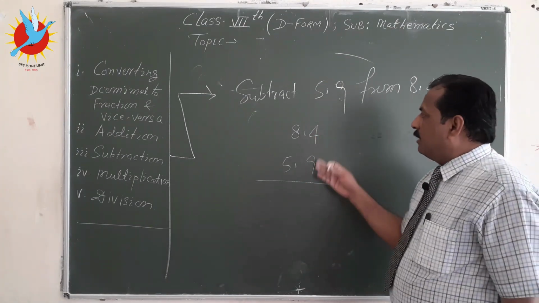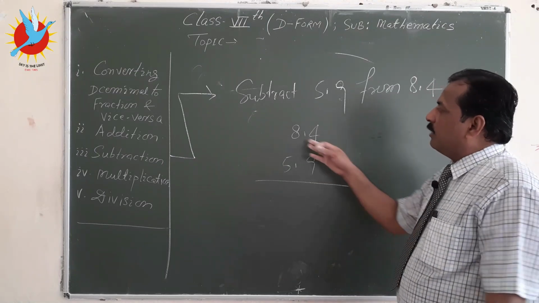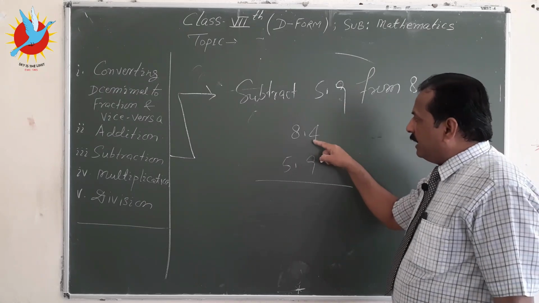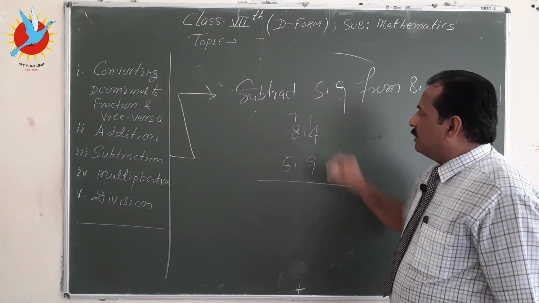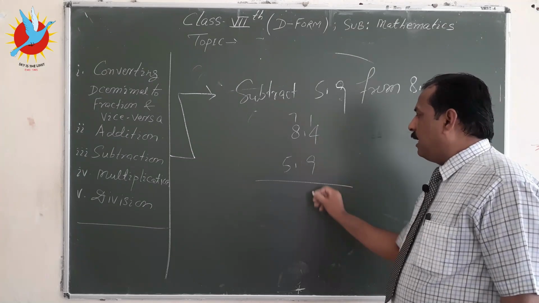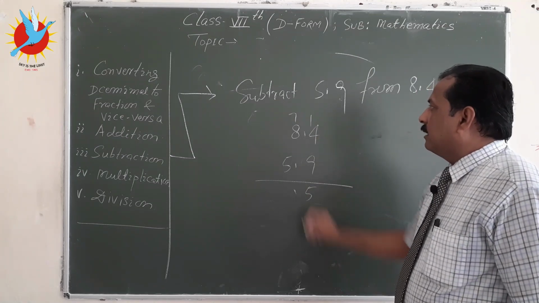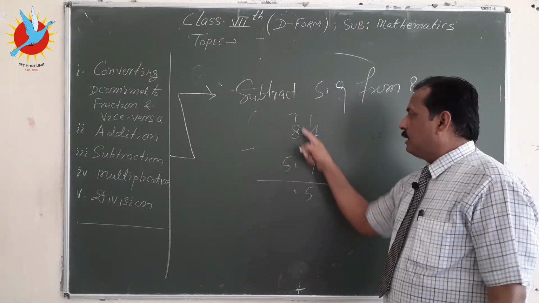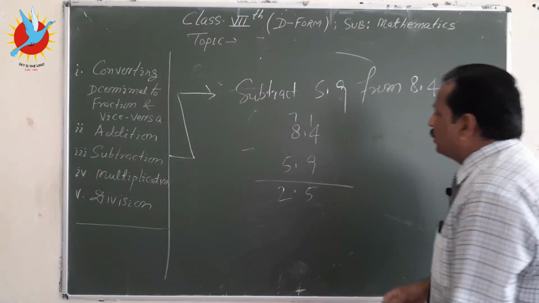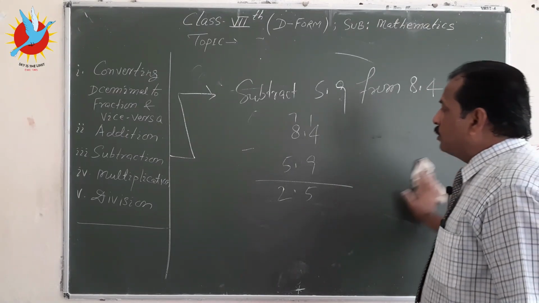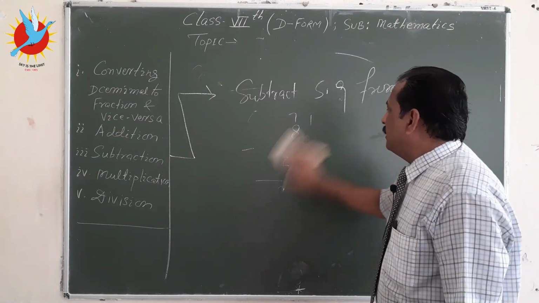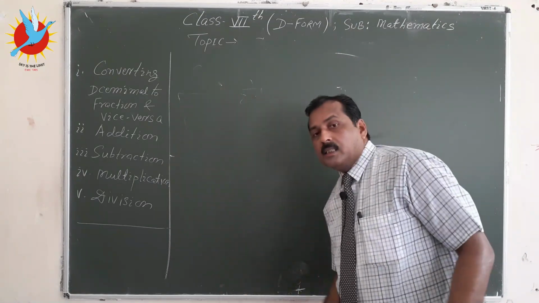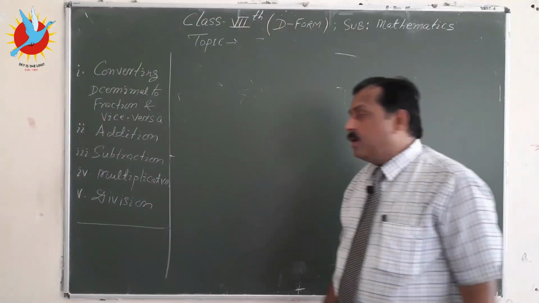You have to subtract 9 from 4, 4 is less, you have to take 1 carry, and because of 1 carry this will become 14, and this will become 7, and this is 1 carry, 14 minus 9, and that is 5 point. And now this is 7, 7 minus 5, this is subtraction. So, 7 minus 5, that is 2. So, this is the way to do subtraction. This is not different. Decimal subtraction is not different from ordinary simple subtraction of simple numbers.